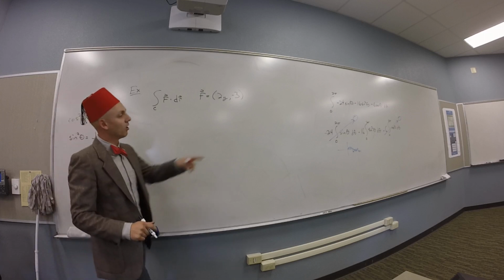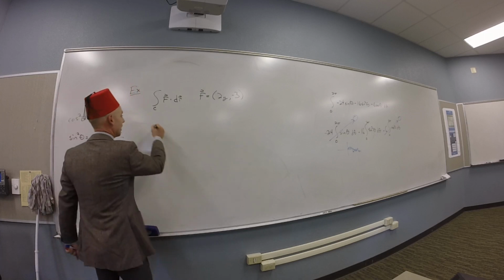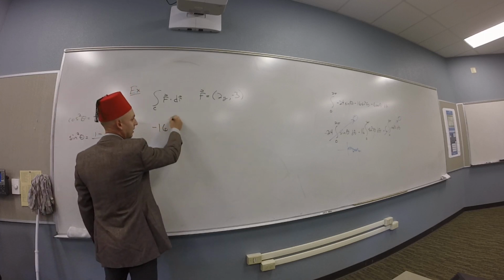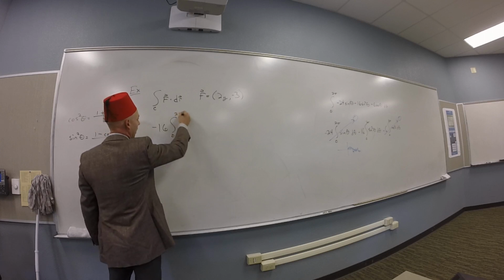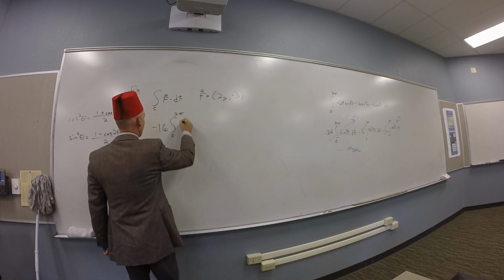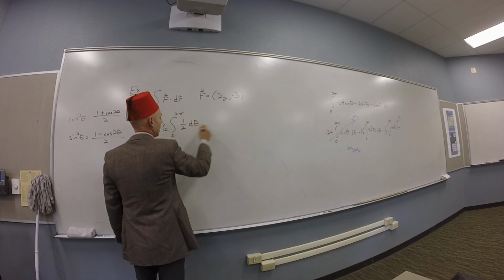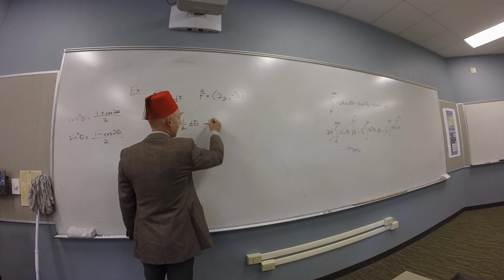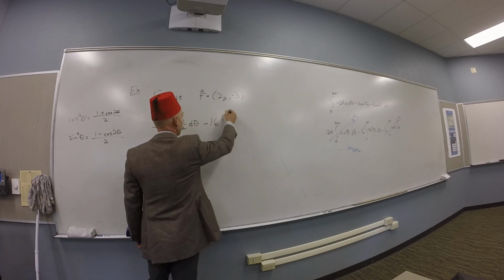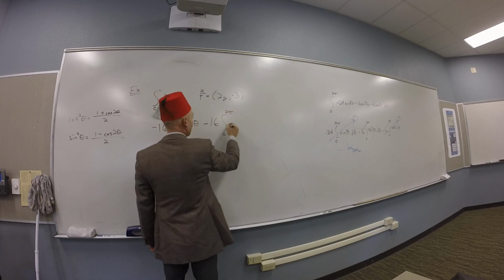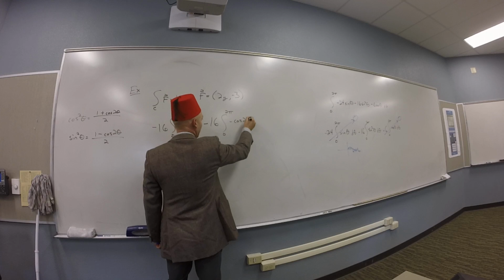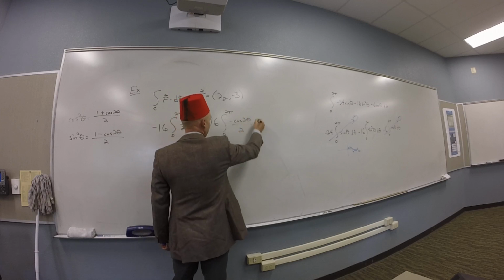So you get out of this minus 16 times the integral from 0 to 2 pi of 1/2 d theta, minus 16 times the integral from 0 to 2 pi of minus cosine 2 theta over 2 d theta.